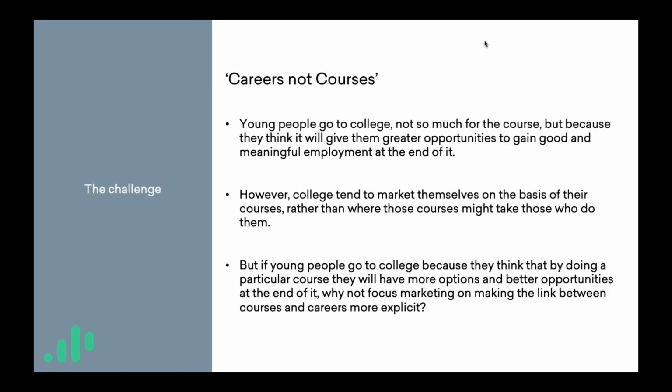However, colleges do tend to market themselves on the basis of the courses and their offer rather than where that course might take the learner at the end of study. But if young people go to college because they think that by doing a particular course they will have more options and better opportunities, why don't we then focus marketing on making that link between the courses and the careers more explicit?